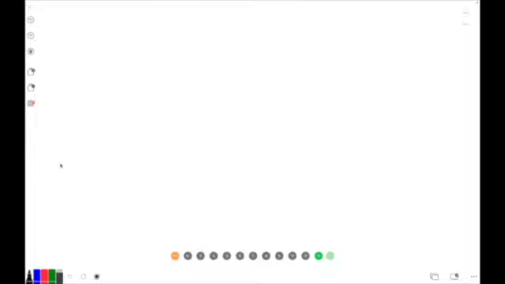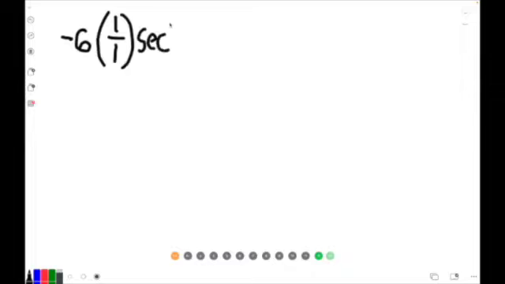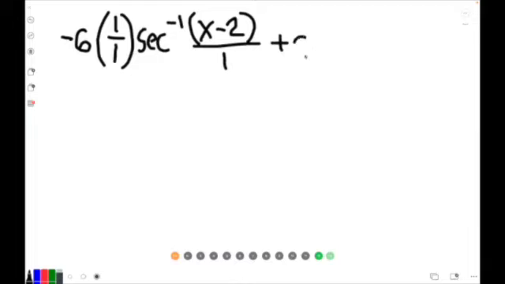So now, please don't forget about our -6 outside. We have a equals 1, so we have 1 over 1, the arcsecant of u. Our u is x minus 2 all over a, which is 1, plus c.